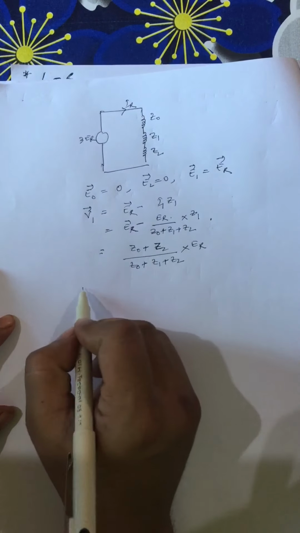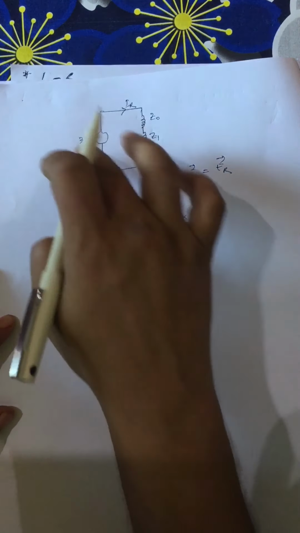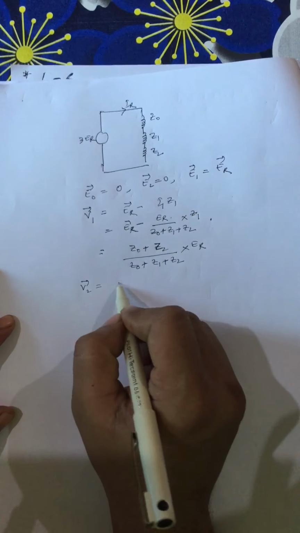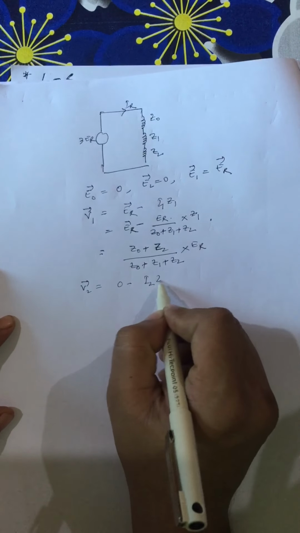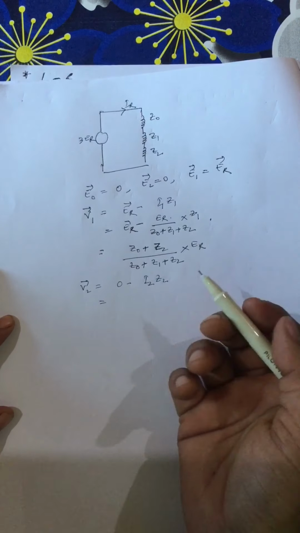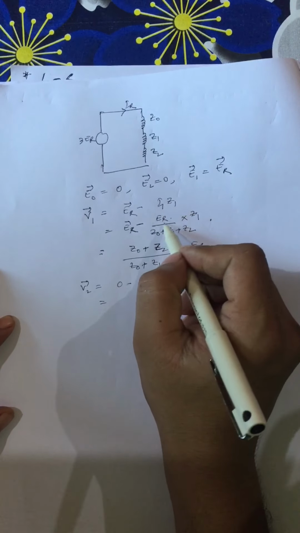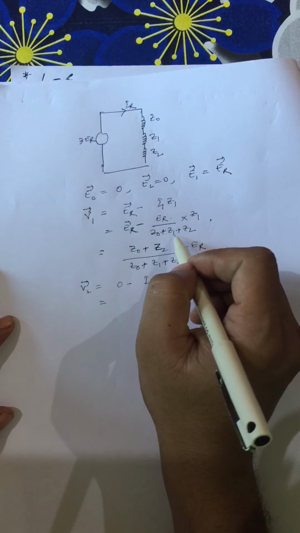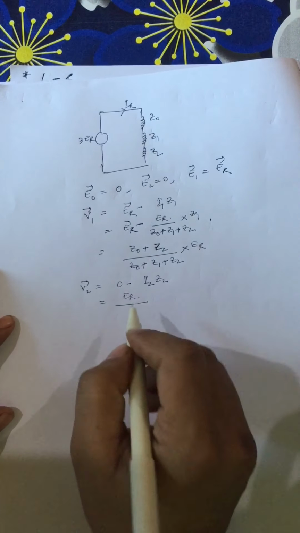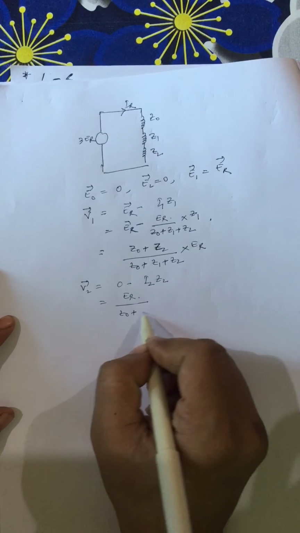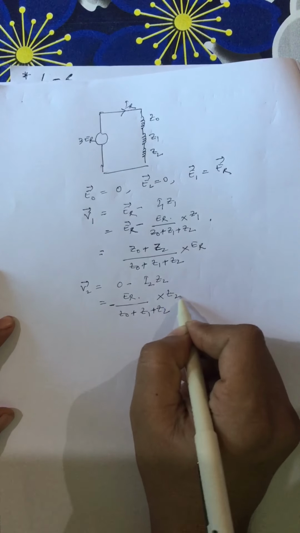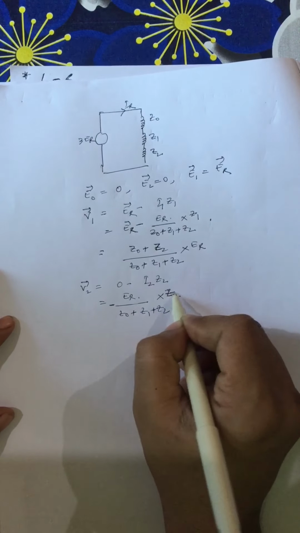Again, we can find V2. Now we don't have any negative sequence induced EMF, so it will be 0 minus I2 Z2. Since I0 equals I1 equals I2, I1 was ER divided by Z0 plus Z1 plus Z2, so V2 will be minus ER divided by Z0 plus Z1 plus Z2, times Z2.